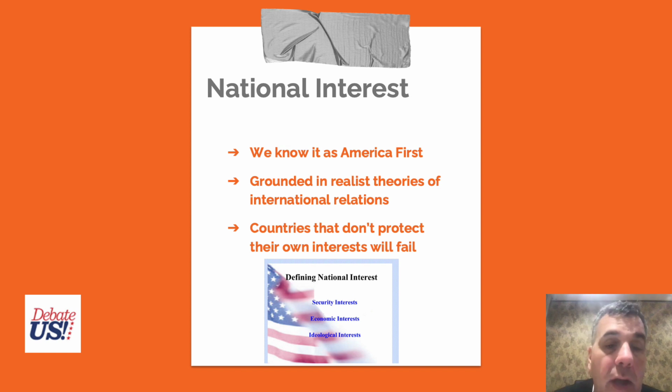And two, that these interests are best protected by protecting security, economics, and ideology, right? So the argument is that if we undermine our own national interest, then we threaten the foundation of our own country, and countries that don't protect their own economic interests will fail. So in terms of values, that's a clear competing value, right?